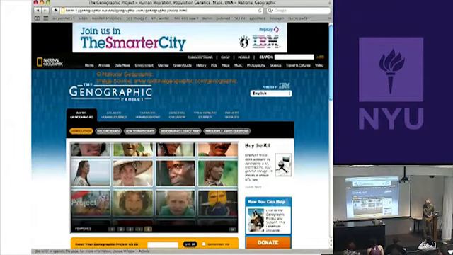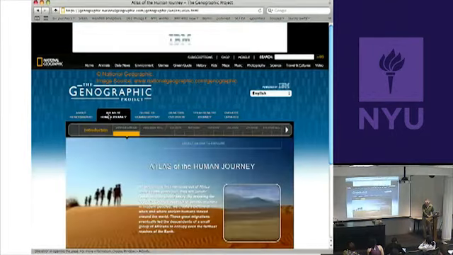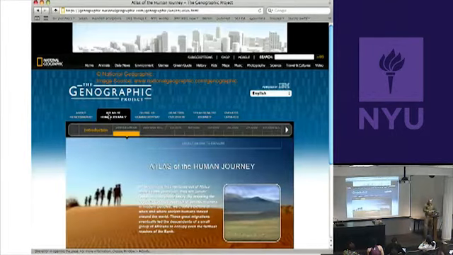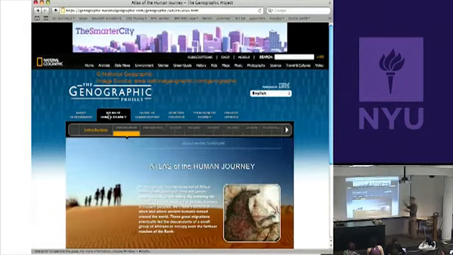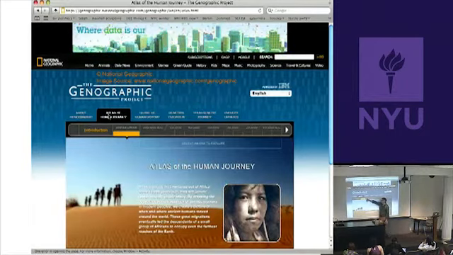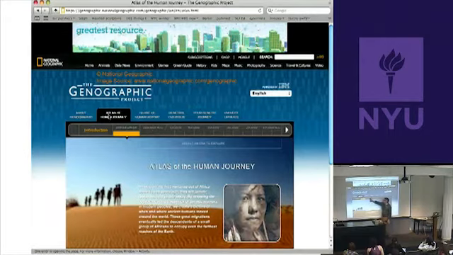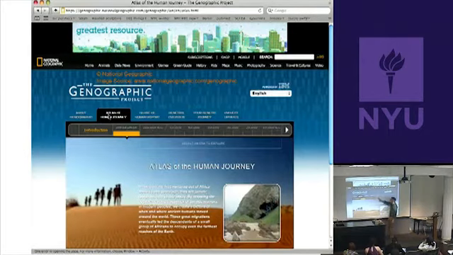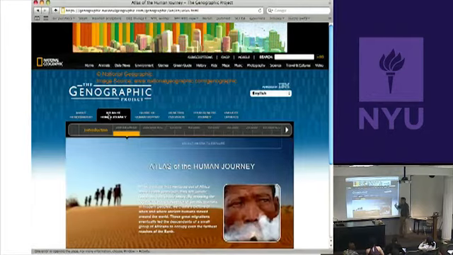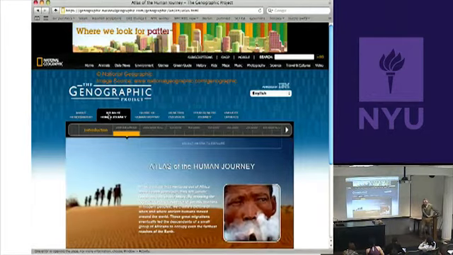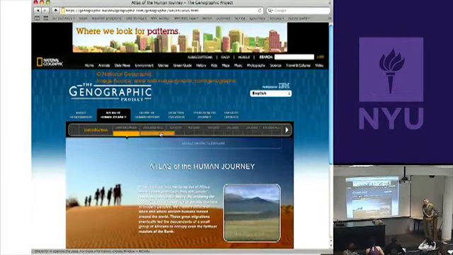If you go to the website and you click on Atlas of the Human Journey, you can get a series of these maps, and they're progressing in time. So back to the origin of our species about 200,000 years ago, to the migration out of Africa and afterwards. You can get these snapshots of these migrations.